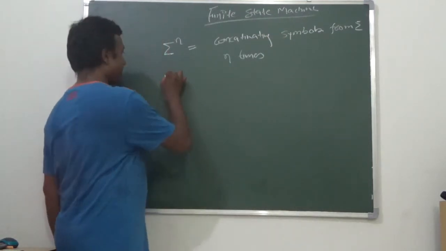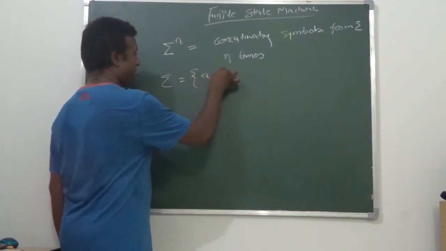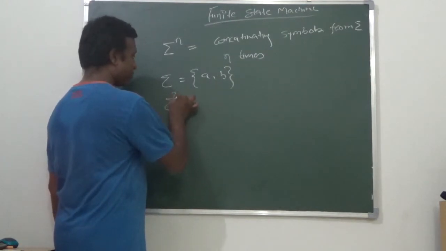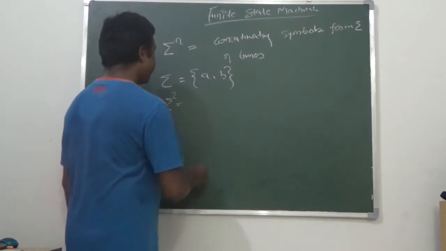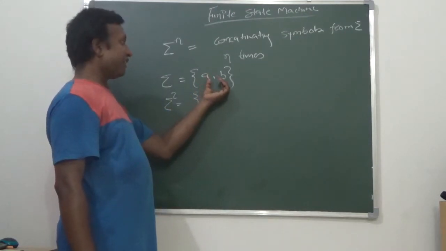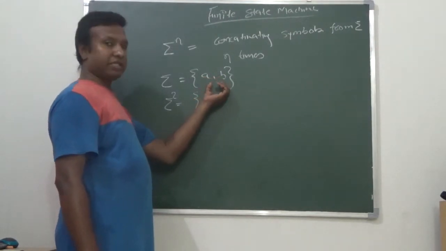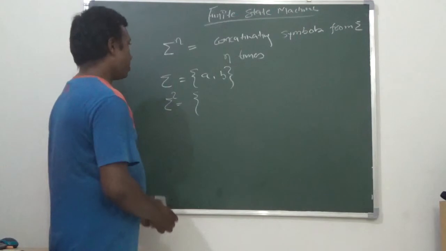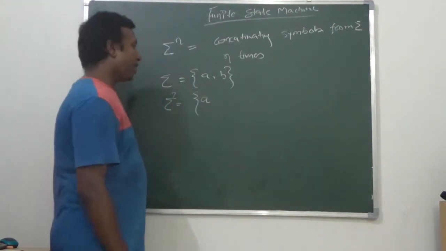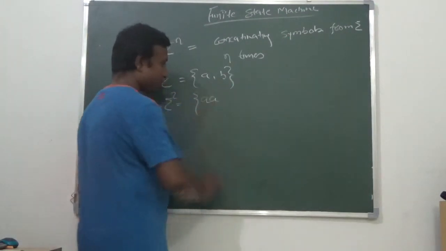So let us say sigma is equal to {A, B}, and I want to define sigma^2, or sigma squared. It means I need to concatenate symbols from this set two times. One possibility is I choose A and concatenate A with A, so I get AA.